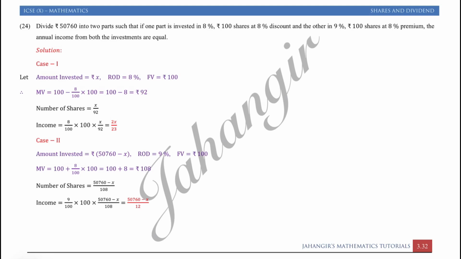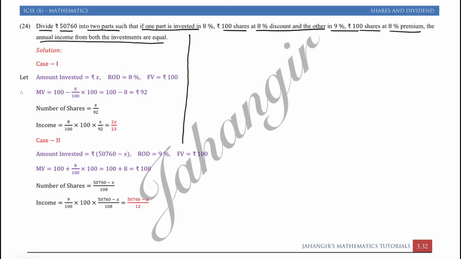Question 24. Divide 50,760 into 2 parts, such that if one part is invested in 8% rupees 100 shares at 8% discount and the other in 9% rupees 100 shares at 9% premium, the annual incomes from both investments are equal. So we have to find the amount invested in each case. It's like the previous question which we did.